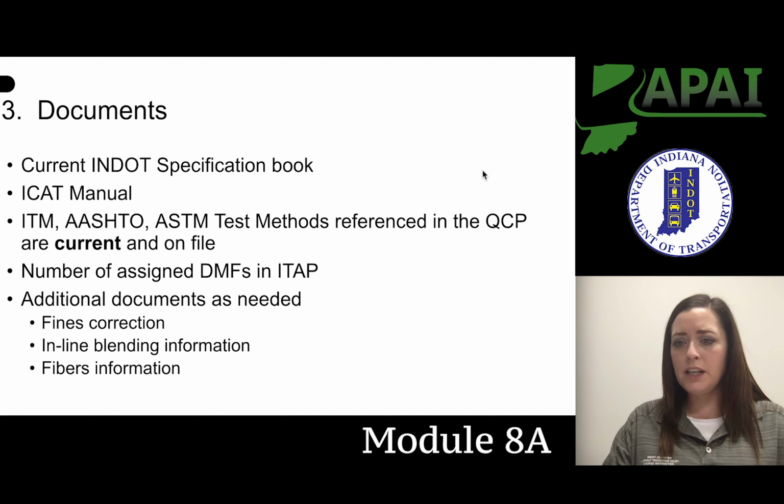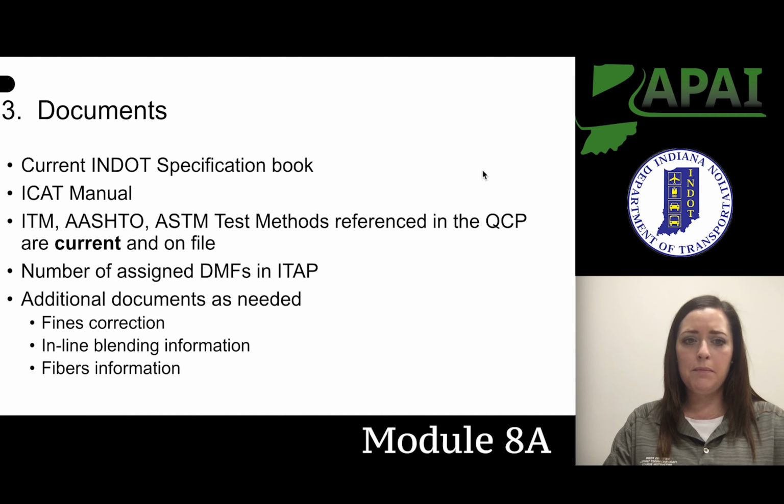Section 3 covers the documentation that is required during the audit. These documents include the current NDOT specification book. Keep in mind that any of these documents can be kept online or as a hard copy. So the current NDOT specification book, the ICAT manual, which you have the most current copy of right now going through this class, but any updated revisions for any subsequent years can be found online.